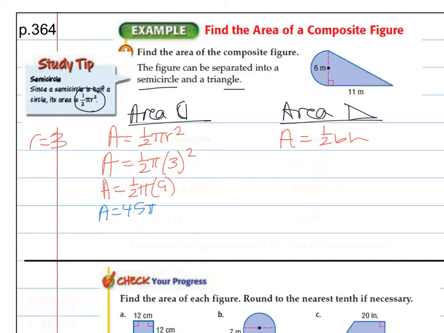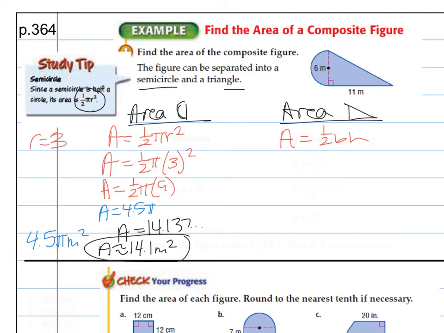If this was in terms of pi, you would leave that as 4.5 pi meters squared. But if you continue, 4.5 times pi, you get that your area is 14.137. Generally, you're asked to round to the tenths, so the area is approximately 14.1 square meters.